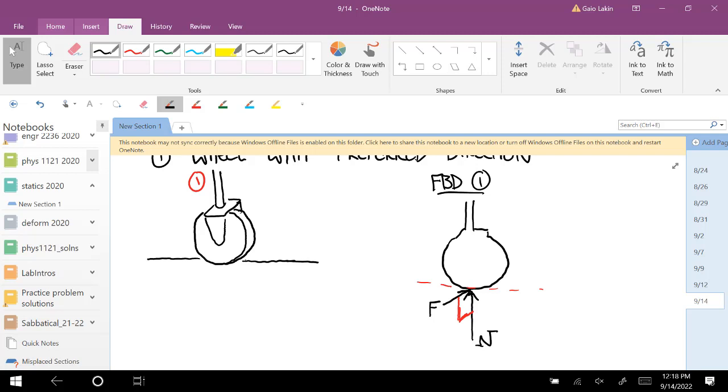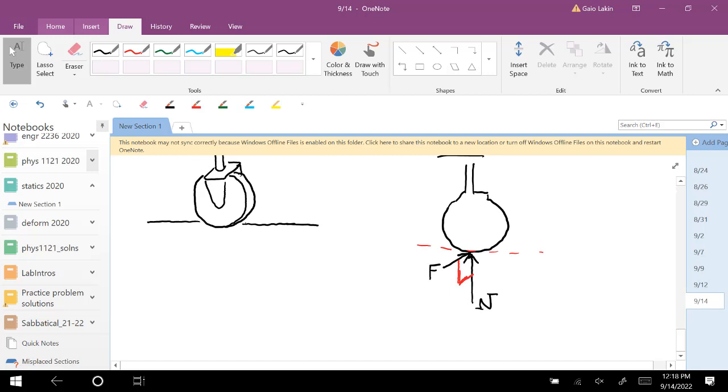And it's definitely free to rotate side to side, and it's definitely free to rotate front and back. If you've ever been on a unicycle, you're well aware of that. Any questions about that one? So N has to be positive in this case. F can be either direction.